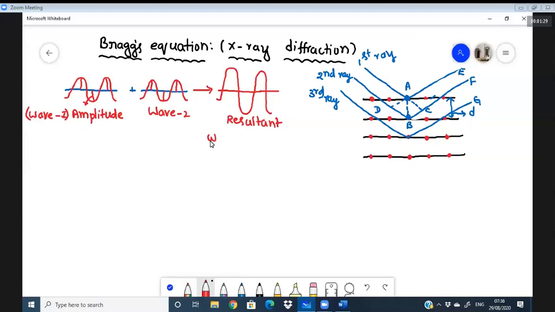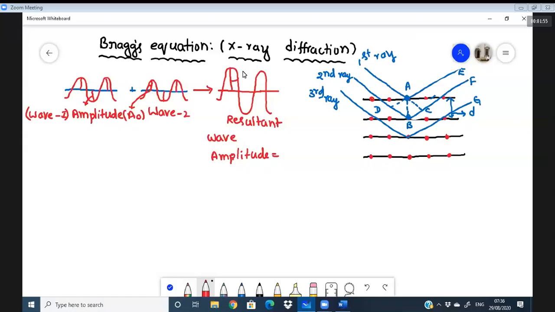Resultant wave. Amplitude equal to amplitude A naught. This is also amplitude A naught.